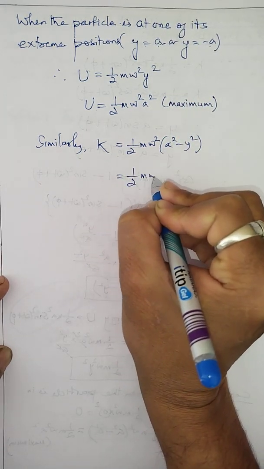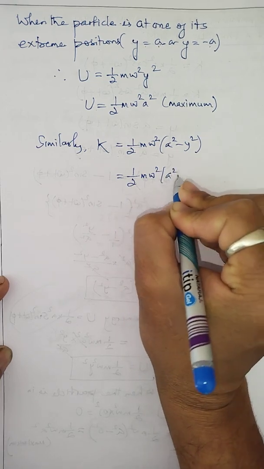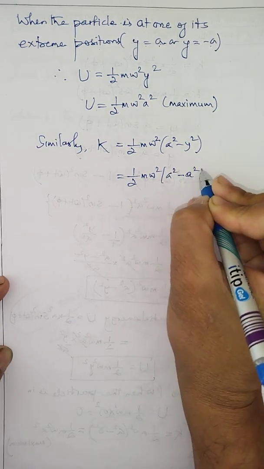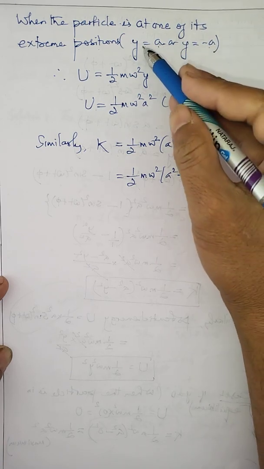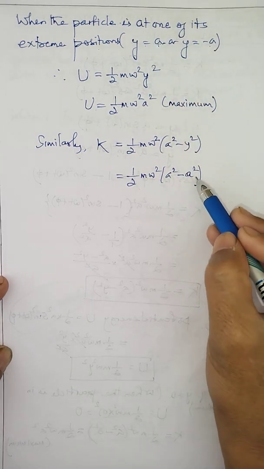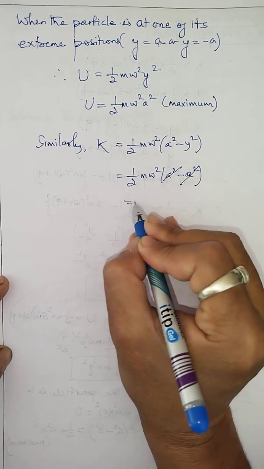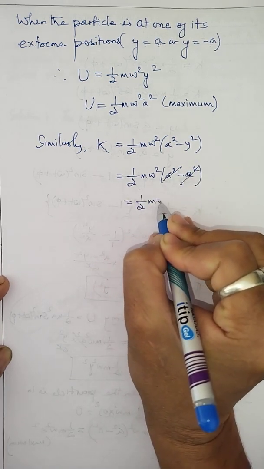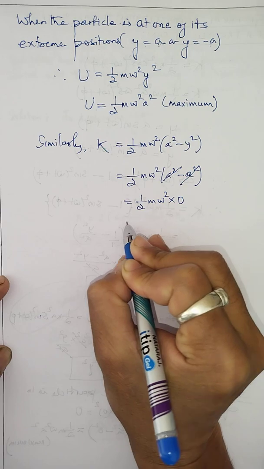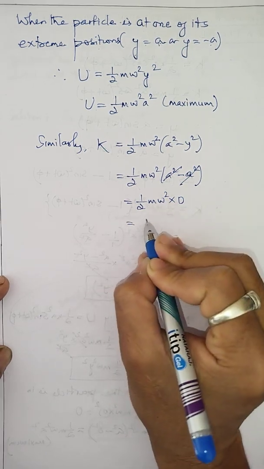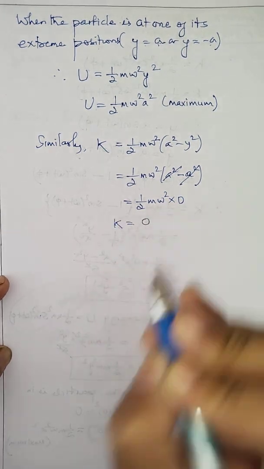So half m omega square times a square minus a square. The a square minus a square will cancel out, so half m omega square into 0. Any quantity multiplied by 0 is 0. So K will be equal to 0.